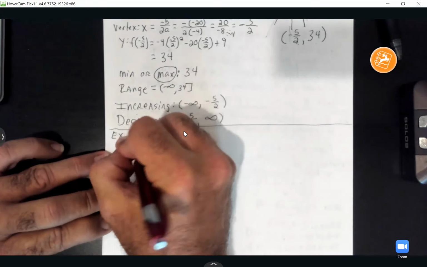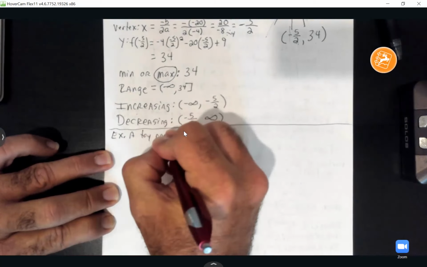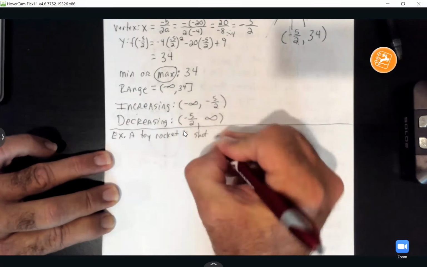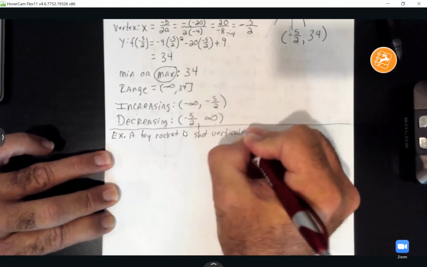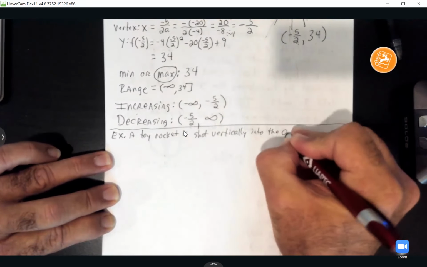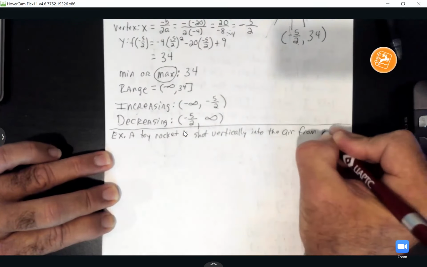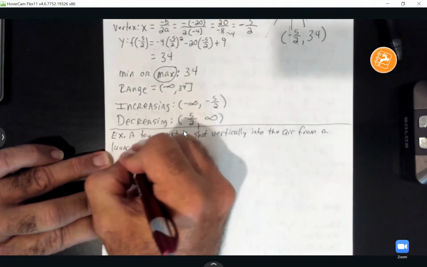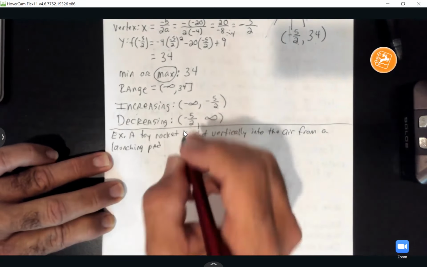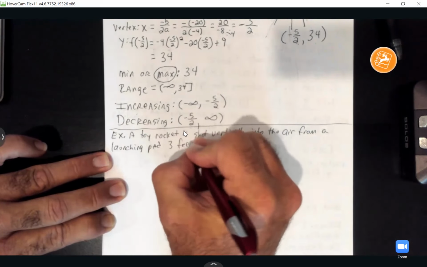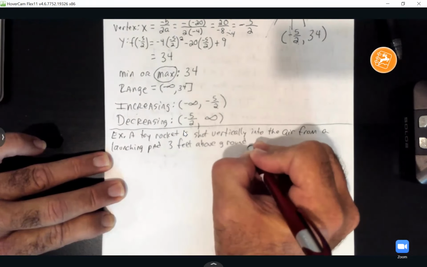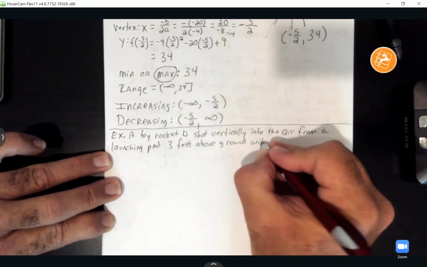A toy rocket is shot vertically into the air from a launching pad three feet above the ground, with an initial velocity.